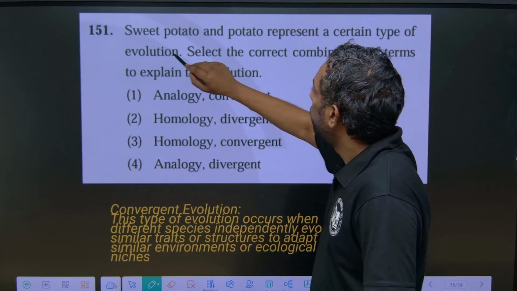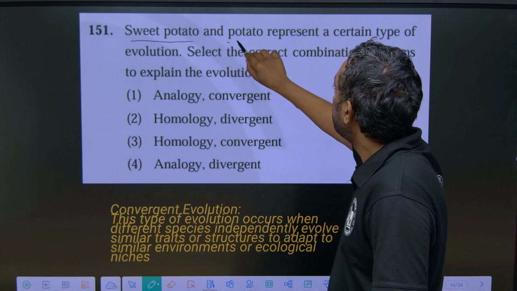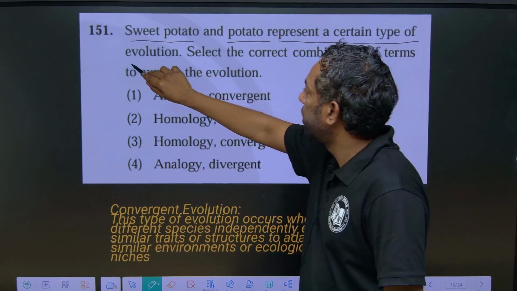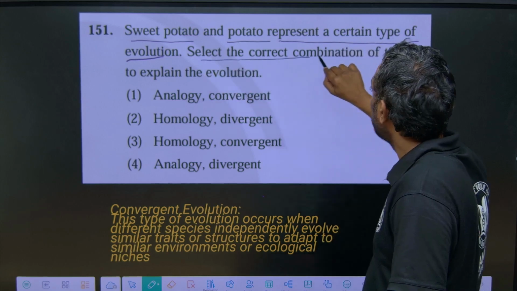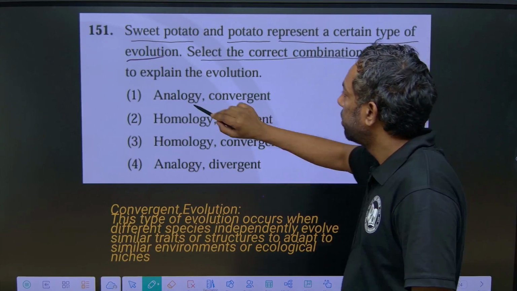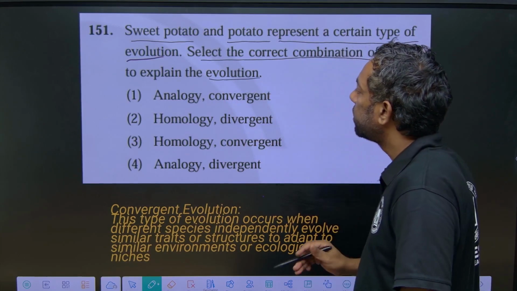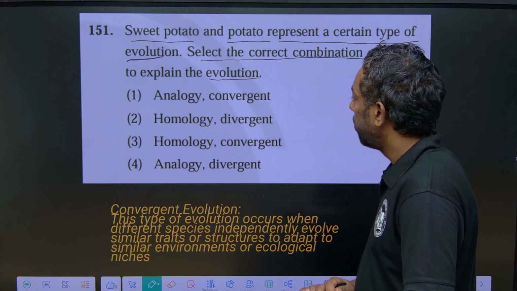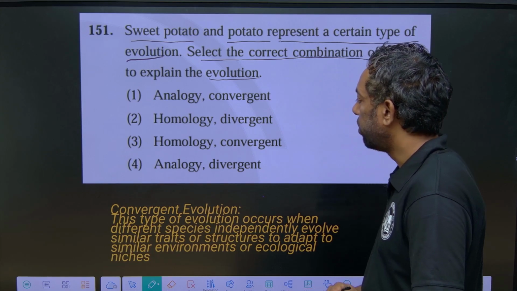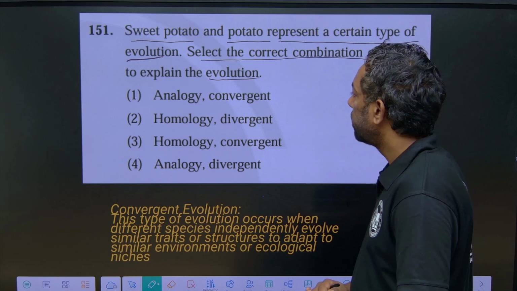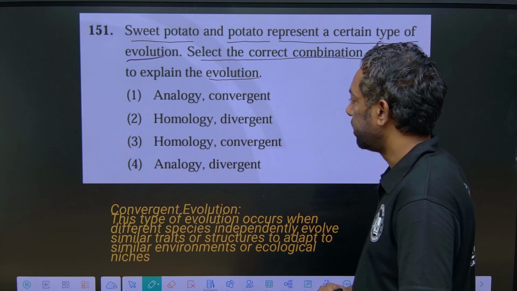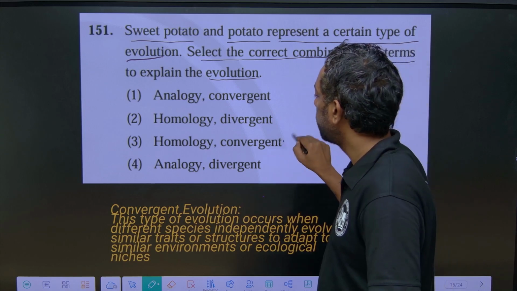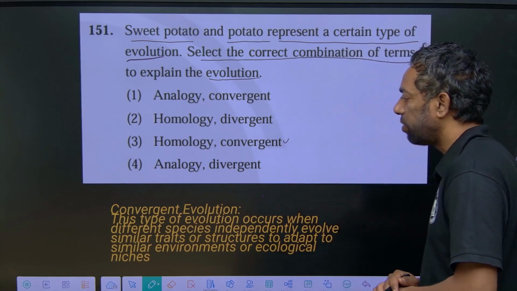Sweet potato and potato represent a certain type of evolution. Select the correct combination of terms. This is an example of convergent evolution. Convergent evolution of homology. This is the answer, homology of the convergence.